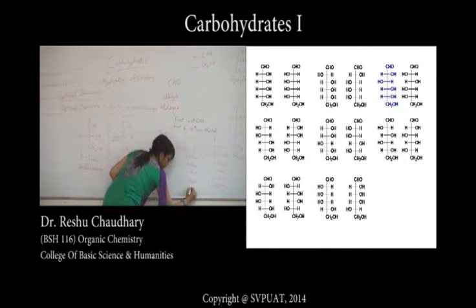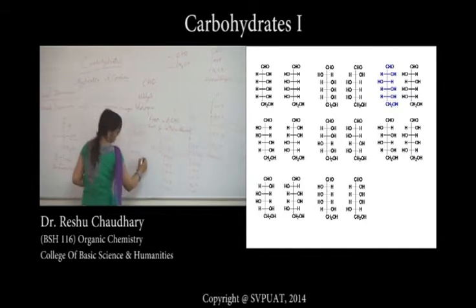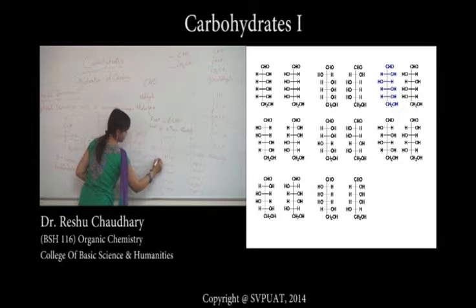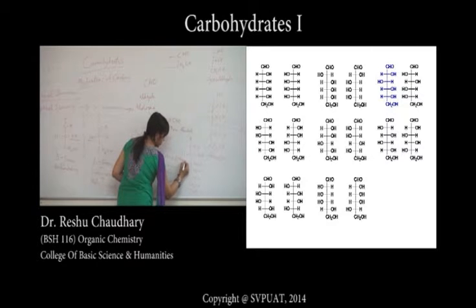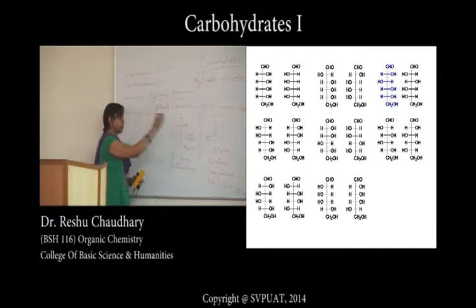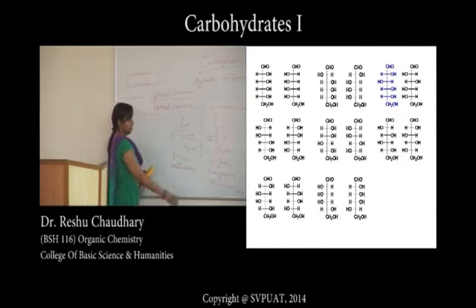This is glucose, this is mannose. These are the structural isomers, and these are the stereoisomers of each other. On the basis of these structures, we better understand which are structural isomers and which are stereoisomers.